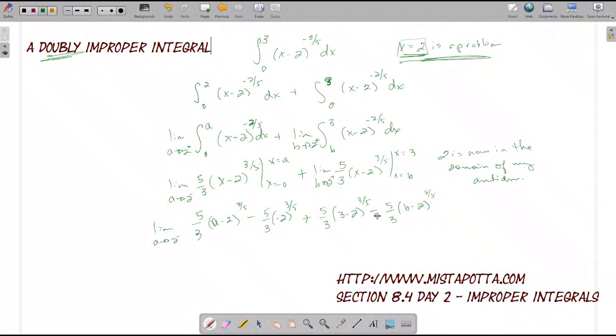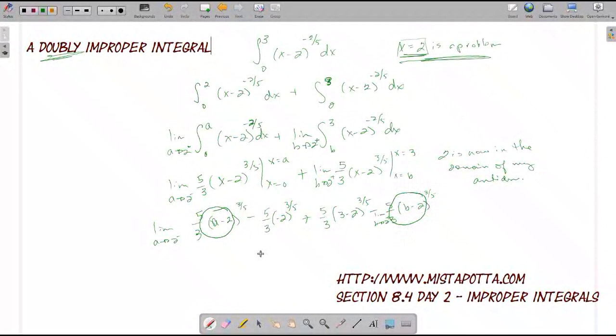Again, remember this is a limit as b approaches 2 from the right. But here, if a is approaching 2, this term actually ends up being 0. And similarly, if b is approaching 2, this term ends up being 0.